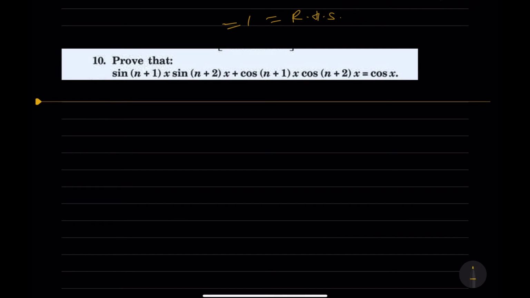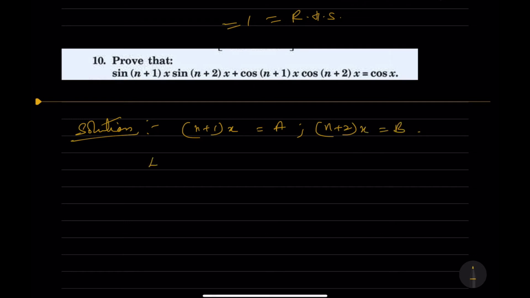Now 10th one, prove that sin (n plus 1)x into sin (n plus 2)x plus cos (n plus 1)x into cos (n plus 2)x is equal to cos x. So we are in the solution part. Let (n plus 1) into x be equal to a, and (n plus 2) into x be b.